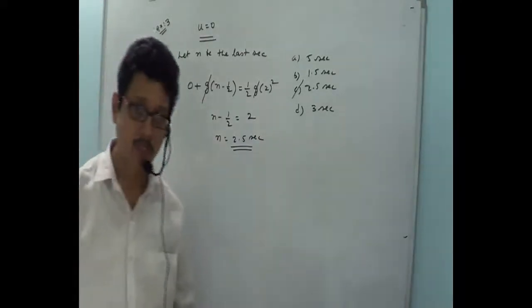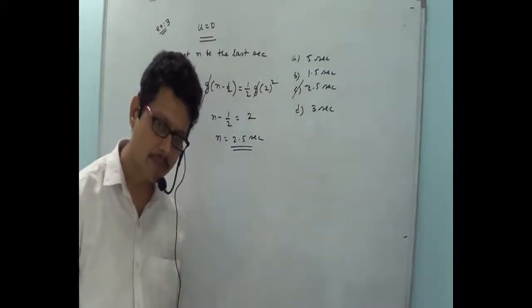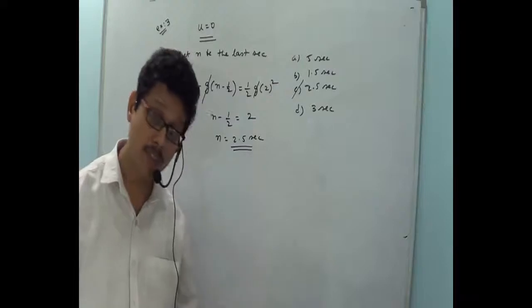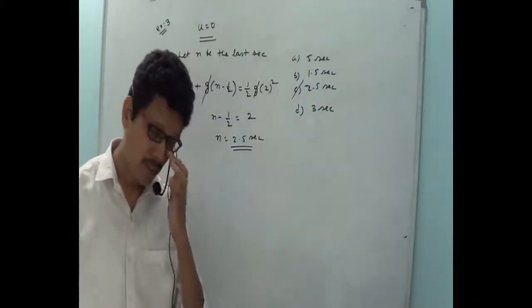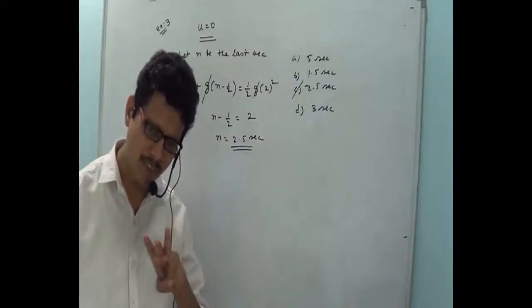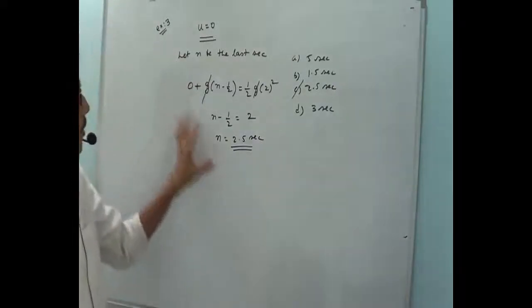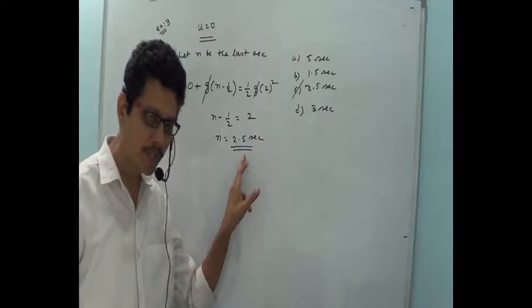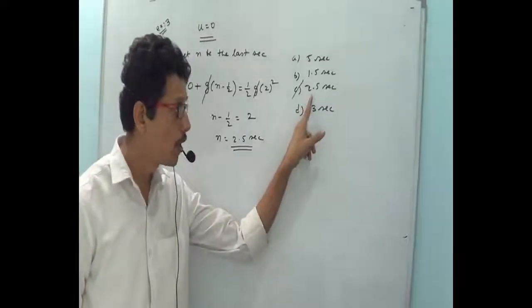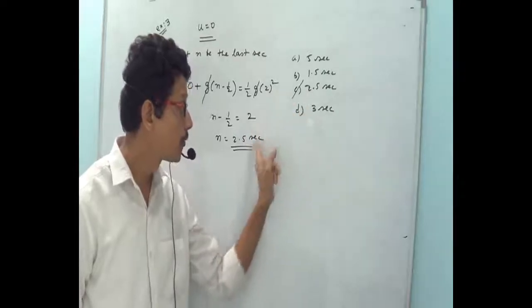So if, for example, the third second is the last second, then what is the total time of flight? Total time of descent is 3 seconds, na? If the third second is the last second, then the total time is 3 seconds. Okay, so if 2.5 is the last second, what is the total time of flight? Total time of fall is 2.5 seconds.